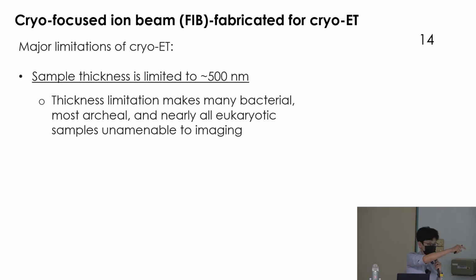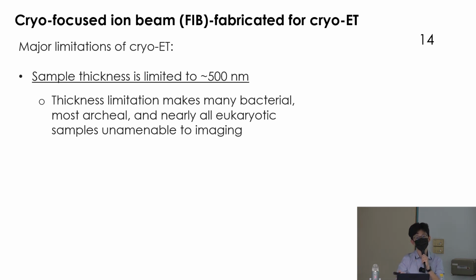If electrons cannot penetrate your sample, they cannot reach the detector. This is related to the electron scattering characteristic. We don't talk about this. But anyway, your sample has to be very thin, but how thick is your sample?